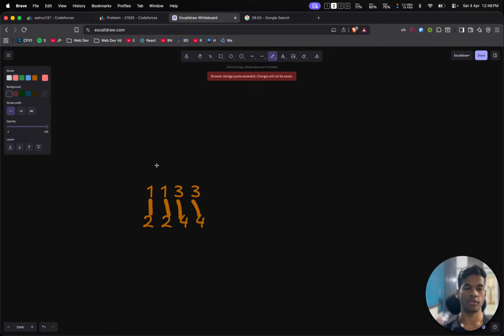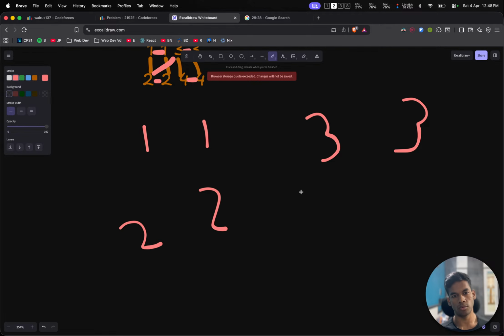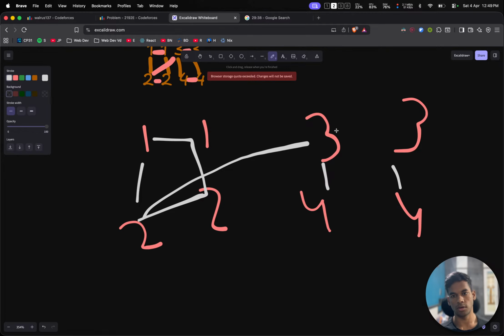That would be their first connection, and the second connection would be like this, like this, like this.